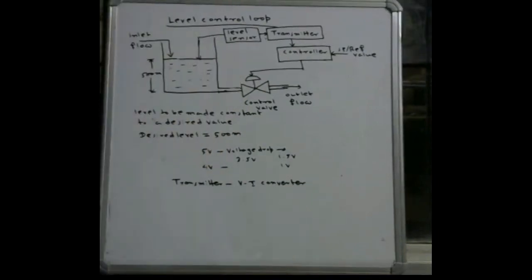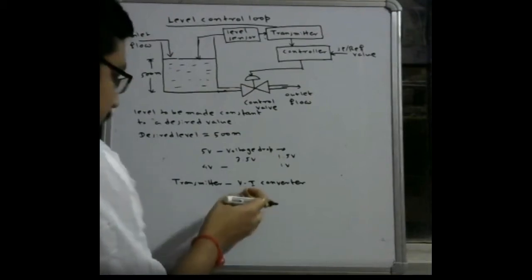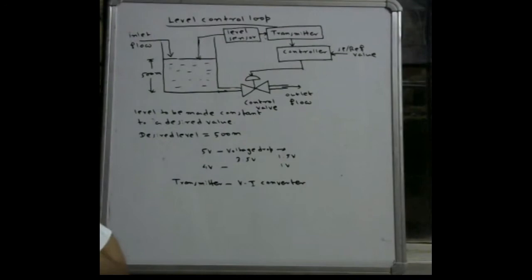So what is the property of this V to I converter? We know that the V to I converter is basically a constant current source.